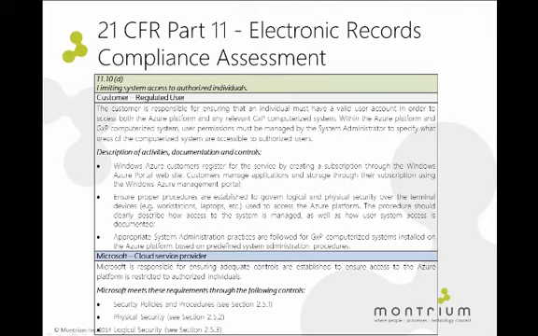So ensuring that users are accessing the system in a controlled manner, that the administrator has control over access to the portal, and that we have documentation surrounding who has access to the system.